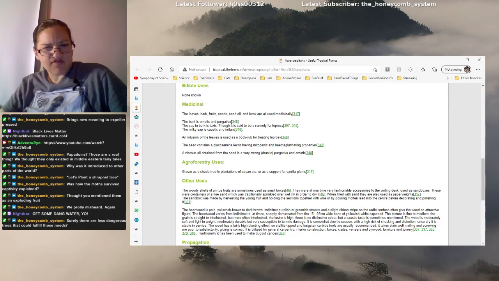These were containers of fine sand which was traditionally sprinkled over wet ink in order to dry it. When filled with sand, they were also used as paperweights. The sandbox was made. That's why it's called sandbox tree. Okay, that makes sense. Sandbox was made by harvesting the young fruit and holding the sections together with wire, or by pouring molten lead into the core before decorating and polishing it.